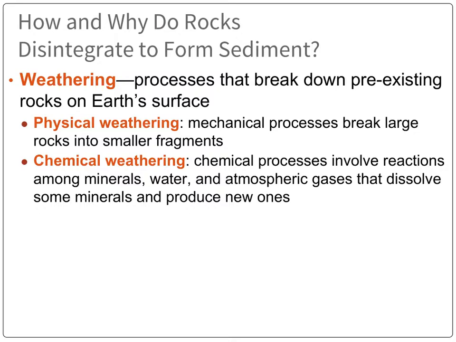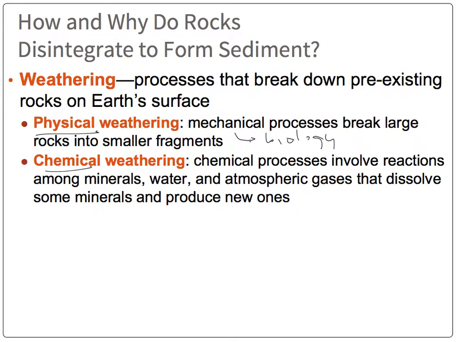So, two basic categories of weathering: physical processes, which we're also going to include biological in terms of tree roots and so forth. Just a mechanical breakdown of the rock pieces into smaller and smaller fragments.